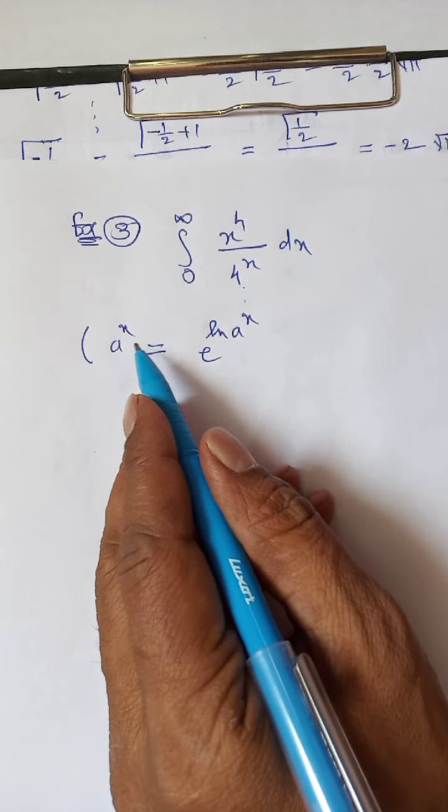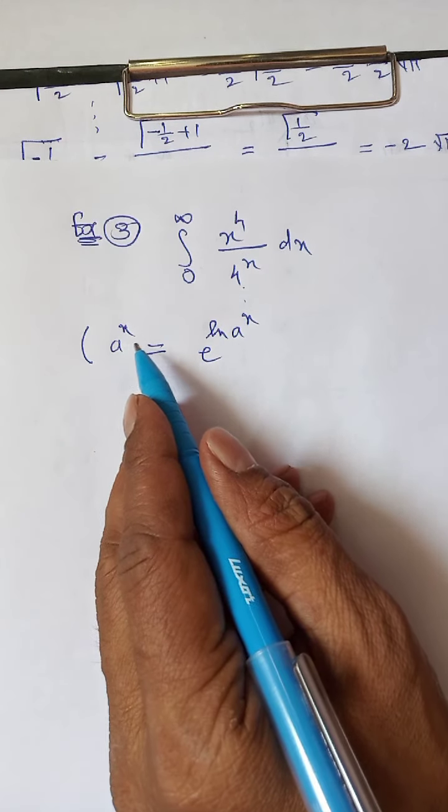So what we'll get? Integral from 0 to infinity x to the power 4 into 1 upon 4 to the power x, which is e to the power x into ln 4, into dx. So this is equal to integral from 0 to infinity, 1 upon e to the power x into ln 4, which is e to the power minus x into ln 4, into x to the power 4 dx.